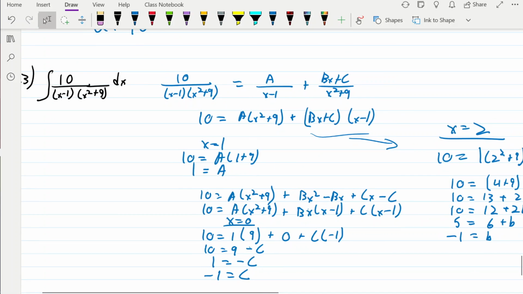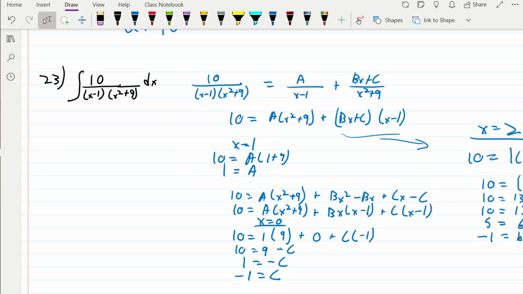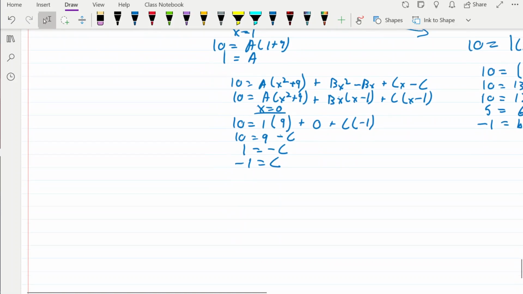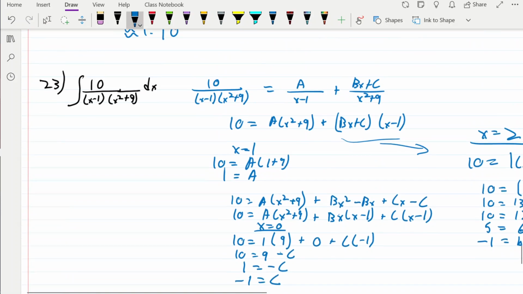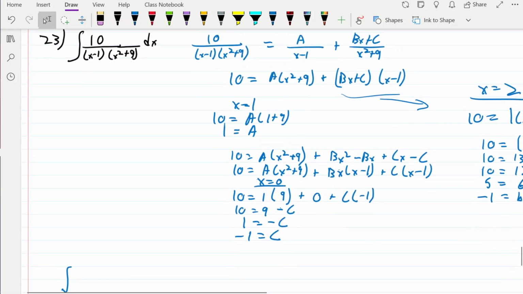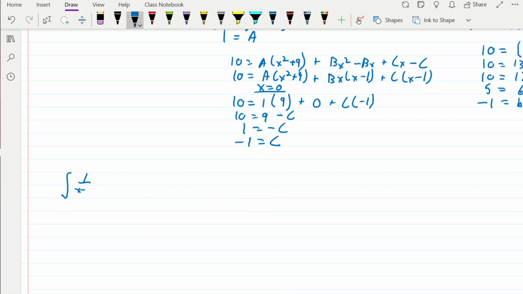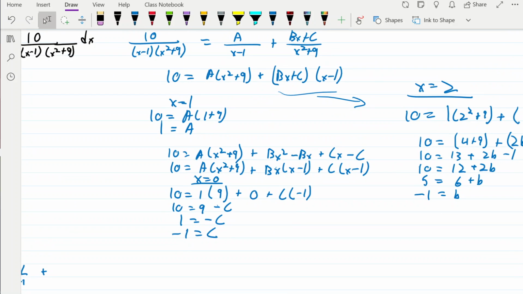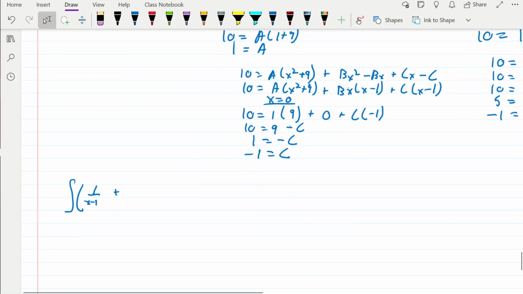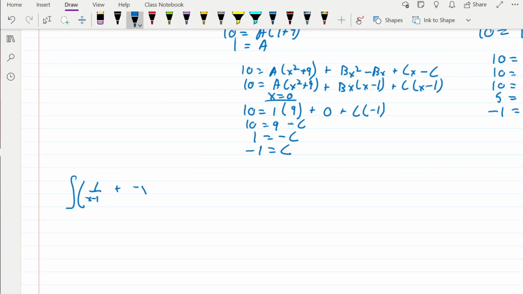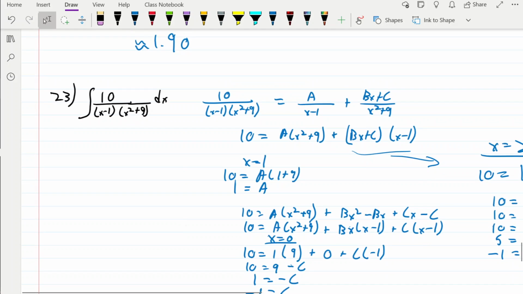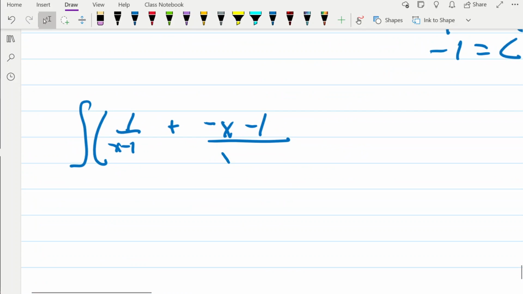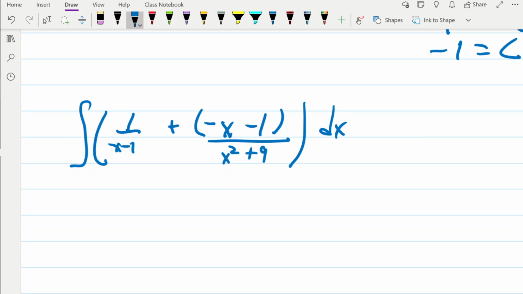So now that we got those, it's time we rewrite our integral for 23. So now we're going to have the integral. Our value for a is 1, so 1 over x minus 1 plus, then we have bx plus c. So our b is negative 1 and our c is negative 1. So opposite x minus 1 over x squared plus 9 times dx.